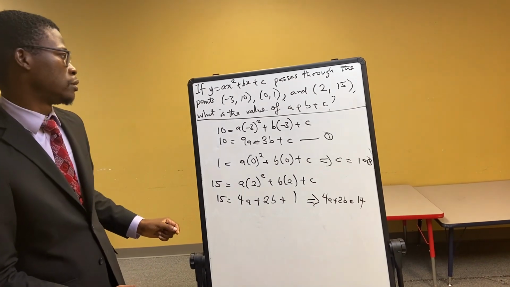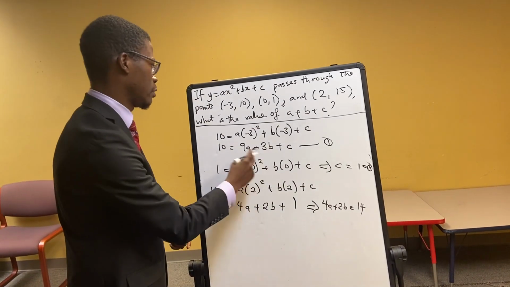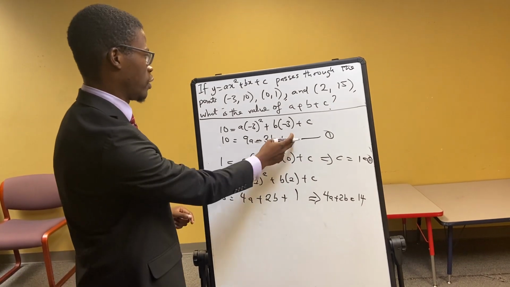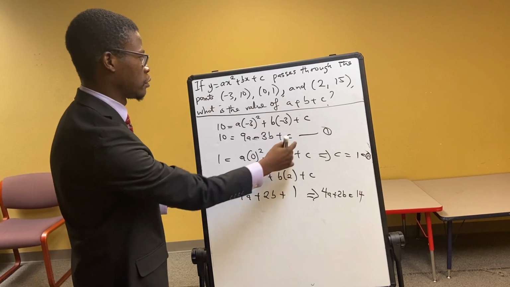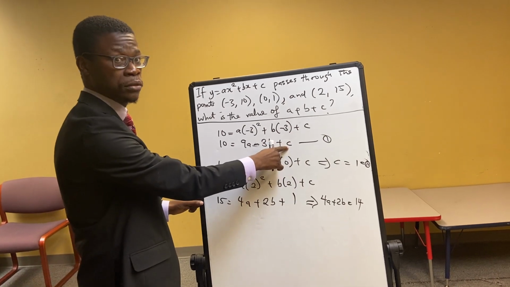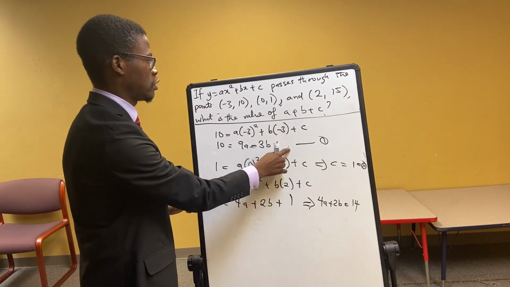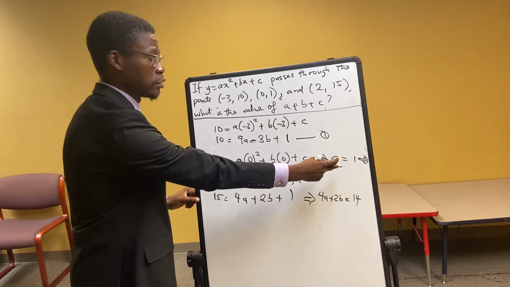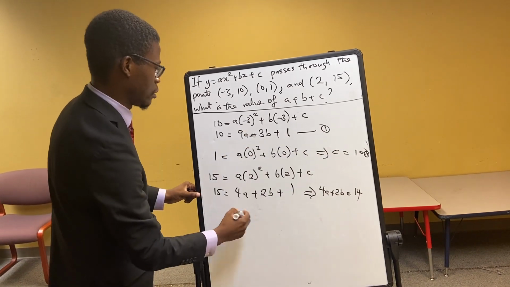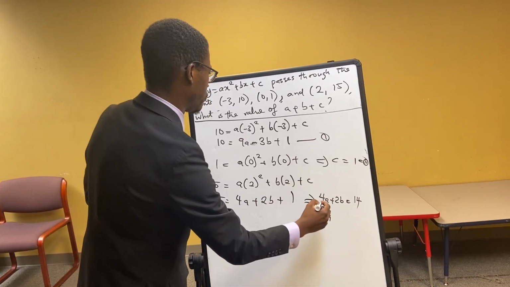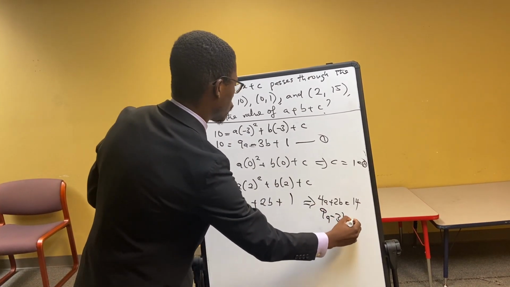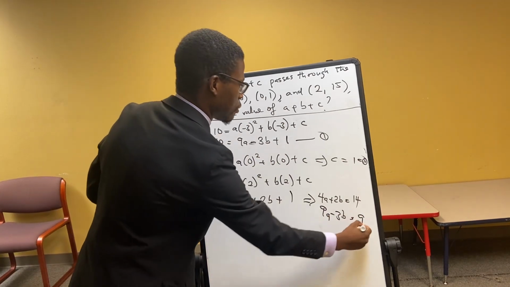Then we can go back to equation 1 and change this, so this becomes c equals 1 because we know c is 1 from here. So here we have 9a minus 3b equals 10 minus 1, which gives you 9.